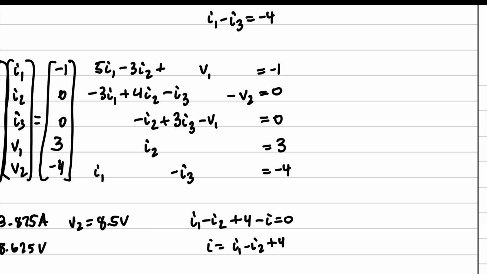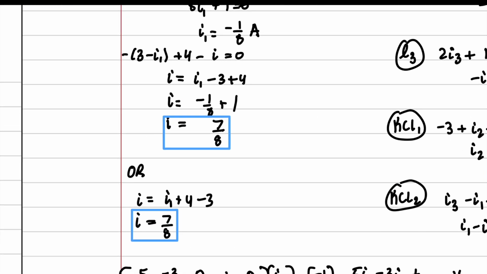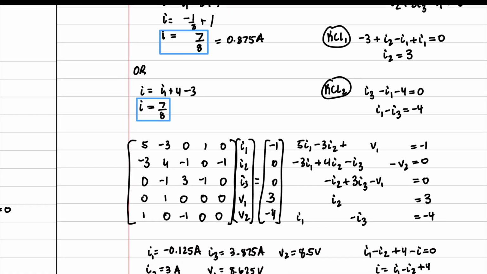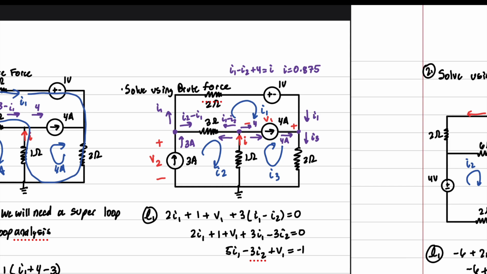And we proved that to be 0.875 amps. And here's the exciting part. 0.875 amps is the same thing as 7/8. Okay? So look how we expanded this and we introduced new variables to solve the exact same problem.